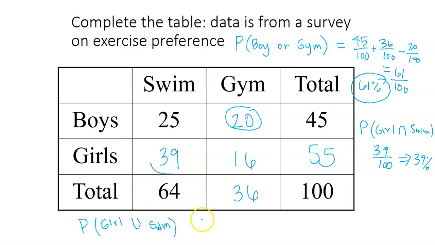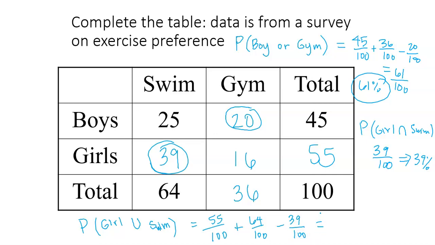So girls, there are 55 out of 100, plus the people who prefer to swim, which is 64 out of 100, minus the people that are both, because they got counted both as a girl and as a person who prefers swimming. So they got counted 2 times. So subtract off 39 here.